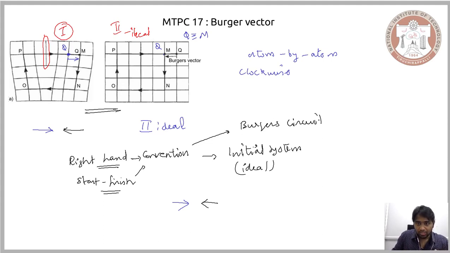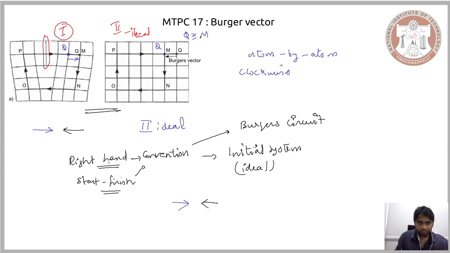So there are two conventions in which you can build a Burgers circuit. In case of the right hand convention, you begin by considering an ideal system and then move on to a system with the dislocation. In case of left hand convention, you begin with a system with a dislocation and then move on to an ideal system. In both these cases, the magnitude of the Burgers vector remains the same. However, the direction is quite opposite.